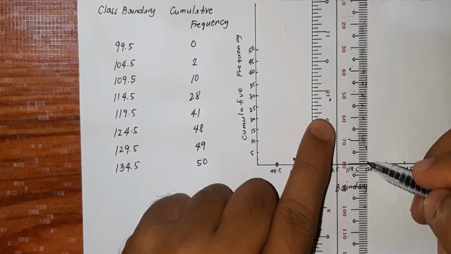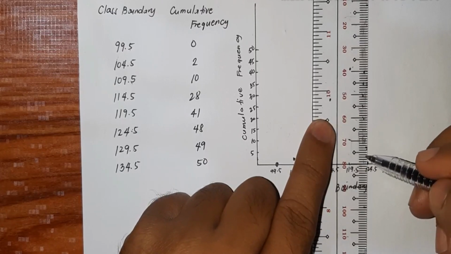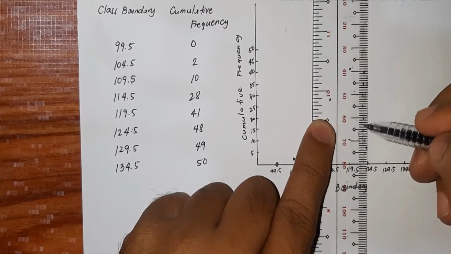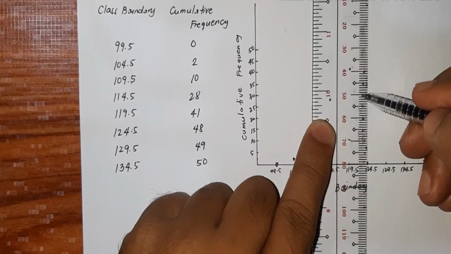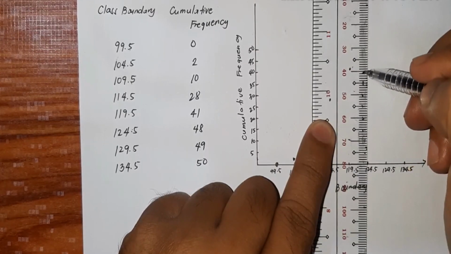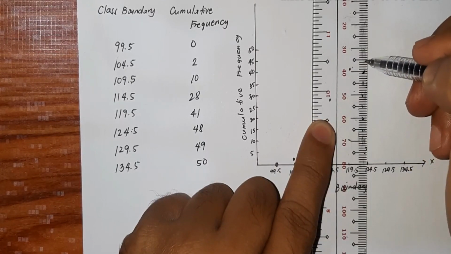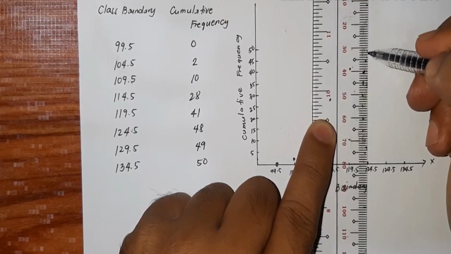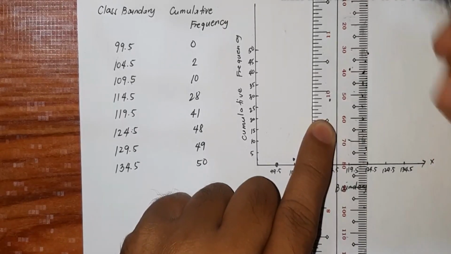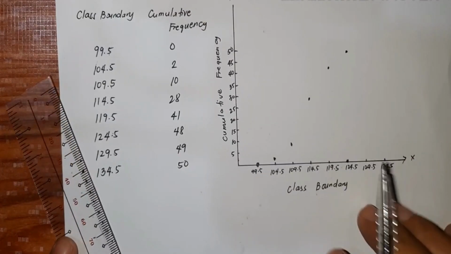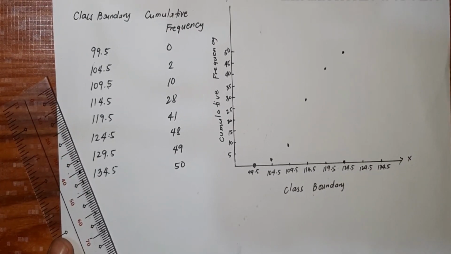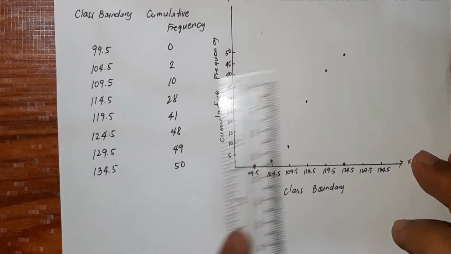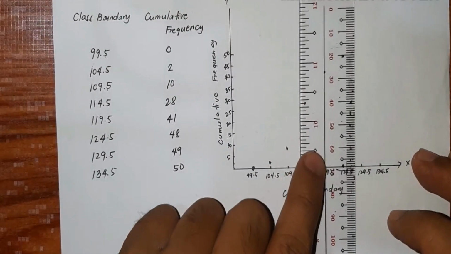48 units upward. So, 5, 10, 15, 20, 25, 30, 35, 40, 45, and then 46, 47, 48. So, nandito siya. Okay, next is 129.5. Ang frequency niya ay 49.